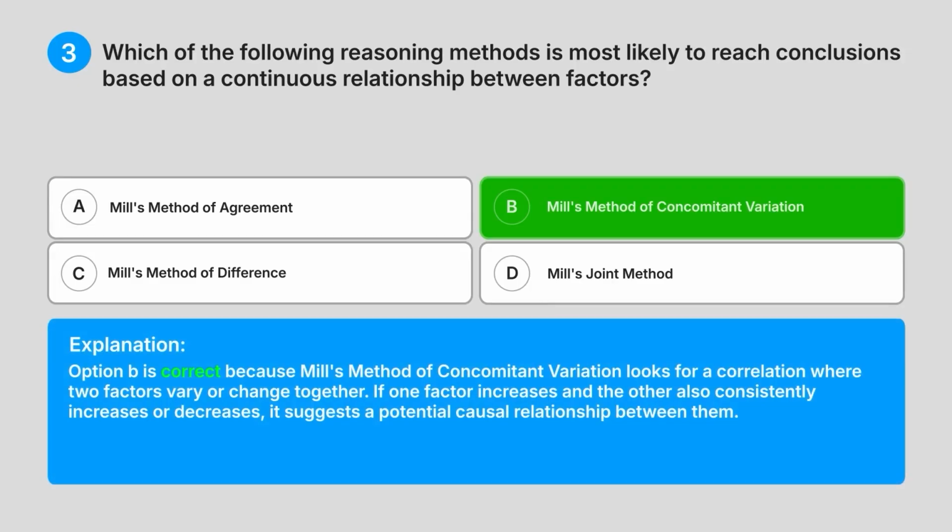Explanation. Option B is correct because Mills' method of concomitant variation looks for a correlation where two factors vary or change together. If one factor increases and the other also consistently increases or decreases, it suggests a potential causal relationship between them.